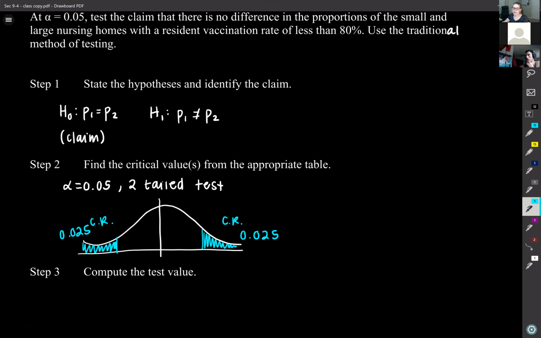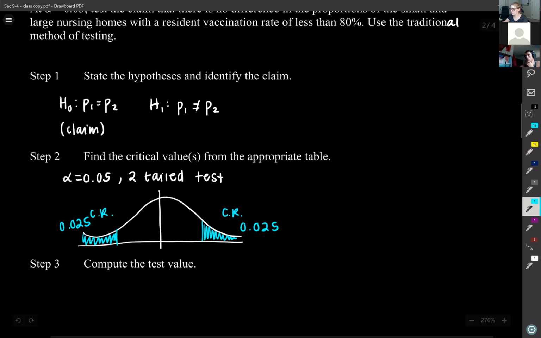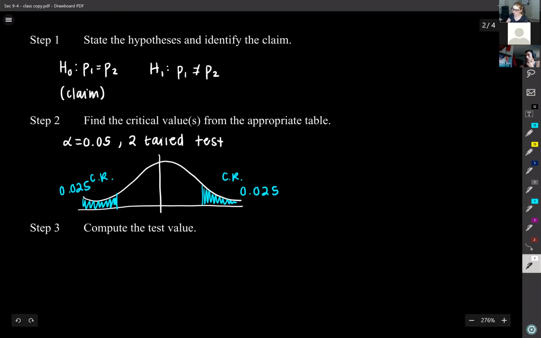Because we're doing a z-test, we need that z-distribution table with z-scores. And we want to find the z-score that's associated with an area of 0.025. I'm not going to go through the process of doing this, but spoiler alert, it is 1.96. So your critical values are positive and negative 1.96.